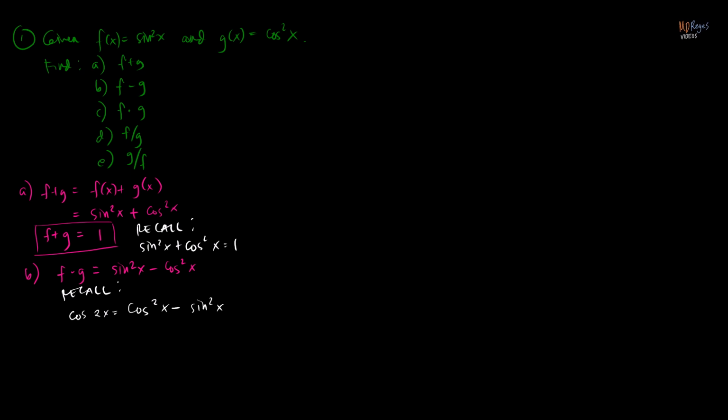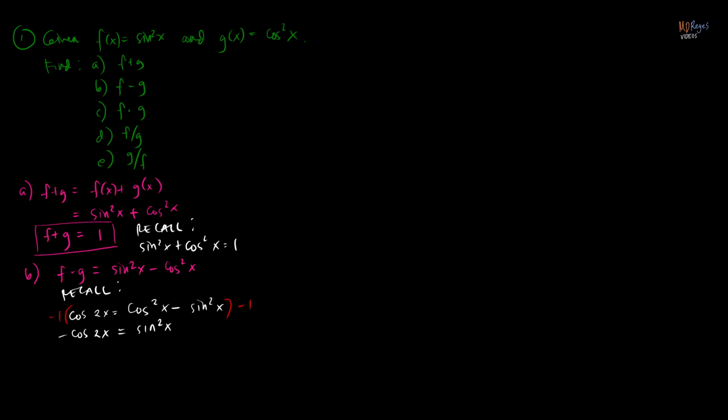But what we have in our f minus g is sine squared x minus cosine squared x. So if we multiply both sides of this identity by negative 1, then we'll have negative cosine 2x is equal to, the first term cosine squared x would become negative, and the second term sine squared x would become positive.